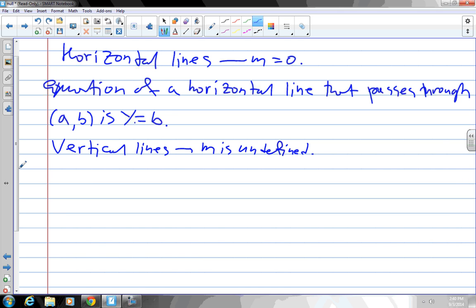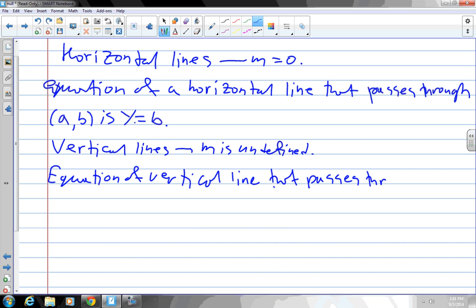So then the equation of a vertical line that passes through (a, b) is x equals a. So x is a constant, and y is everything.